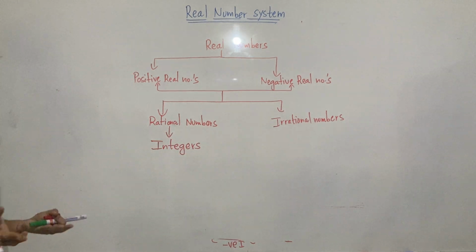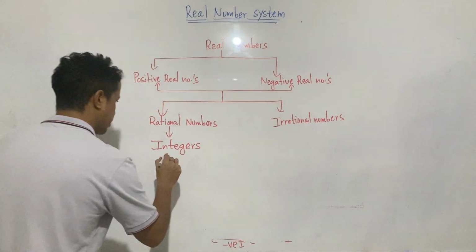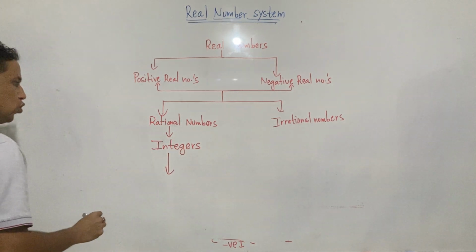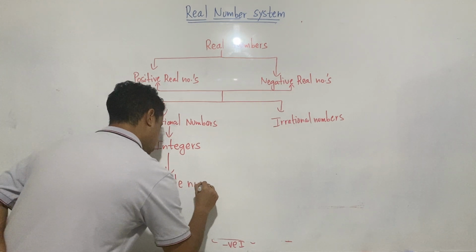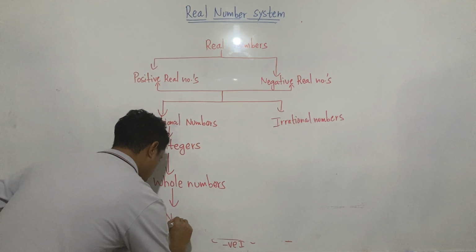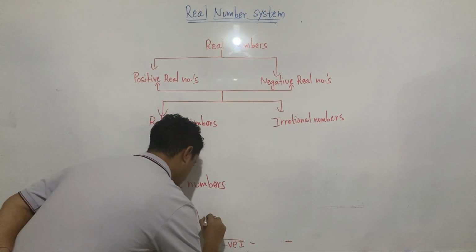So integers contain both the positive and the negative. From integers you can just go to whole numbers, right? Whole numbers, and from whole numbers, natural numbers.